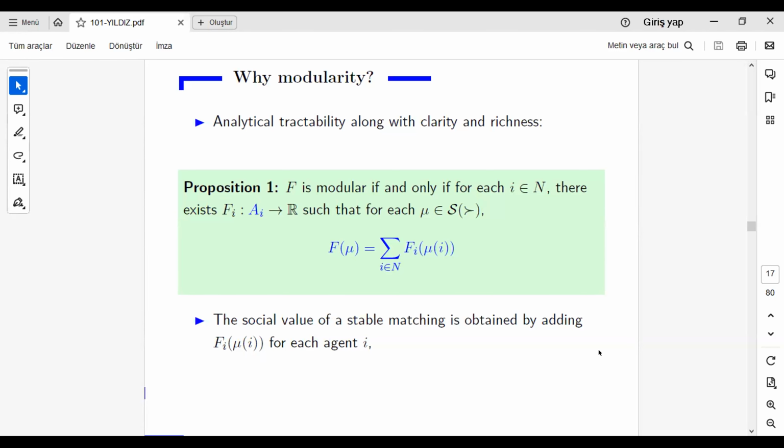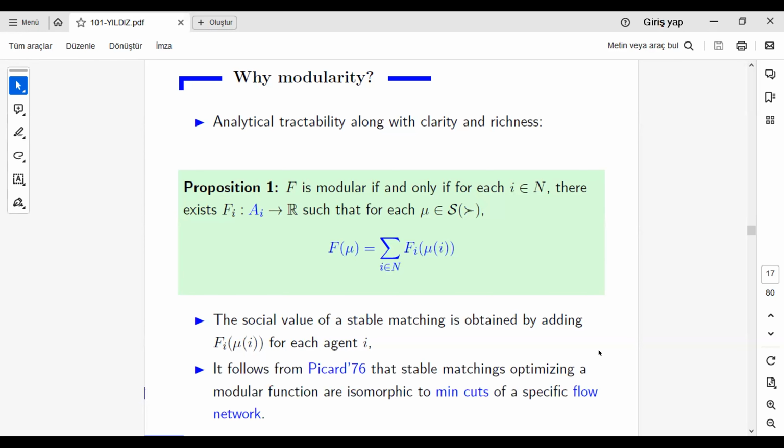Okay, this is the social value of a stable matching, obtained by adding the individual assessments for each agent.